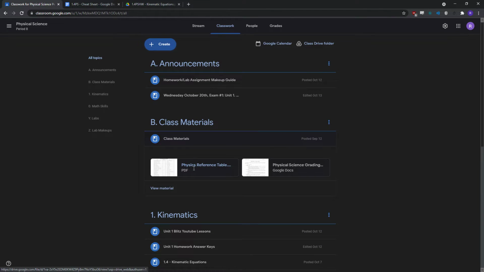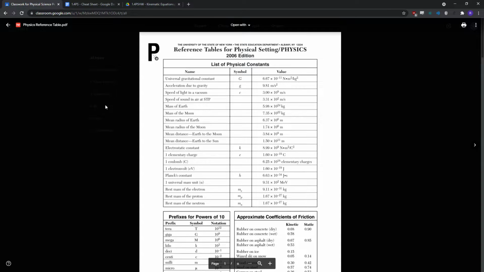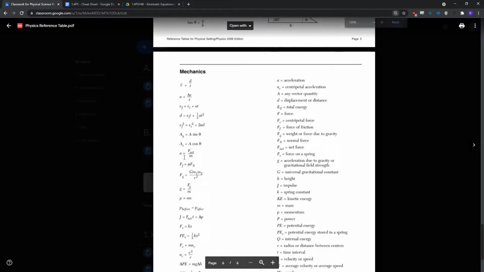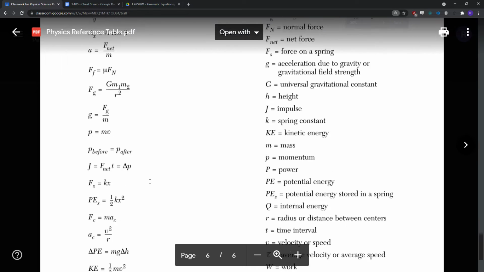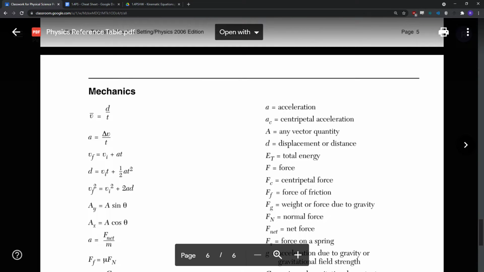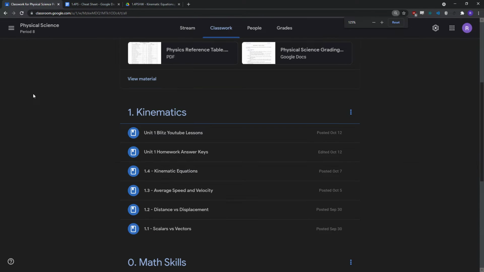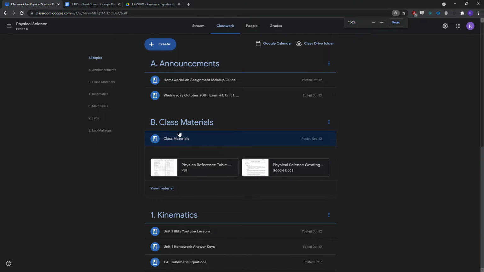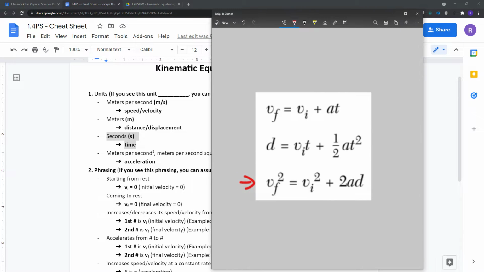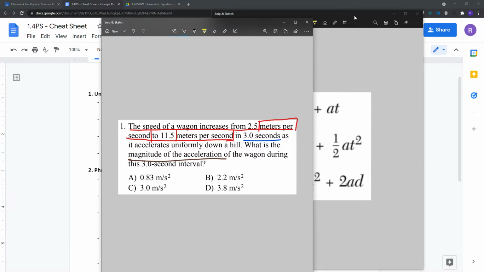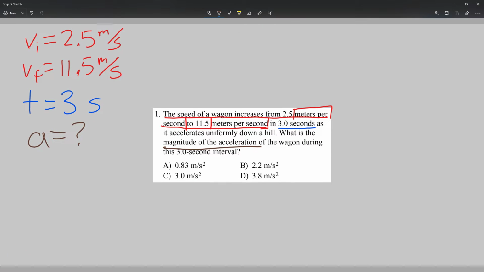Go to the last page, page 6, where you see mechanics, and the formulas are over here. These three formulas that I'm highlighting are your formulas. If you don't know where it is, it's under class materials, right here. So we're going to go back to our problem.